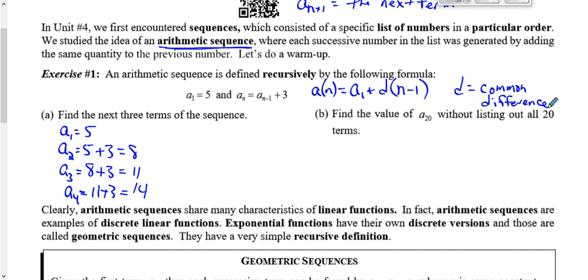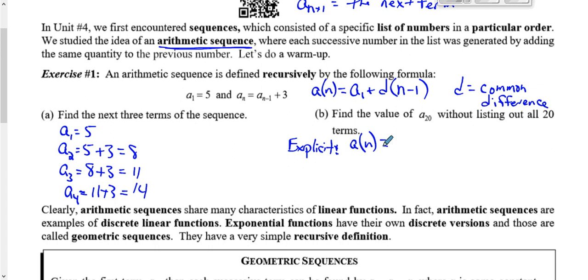So let's write an explicit formula. This is explicit. A of n, right? Let's get an explicit rule, like in function notation, from that recursive. A1, what's the first term?